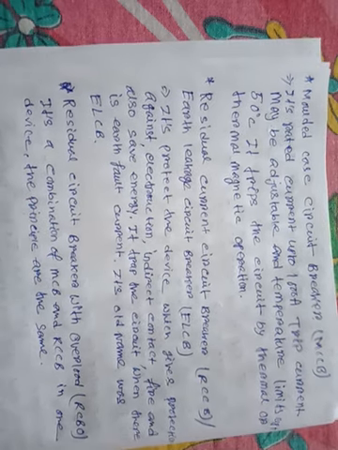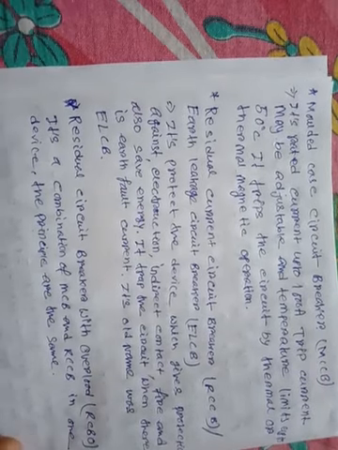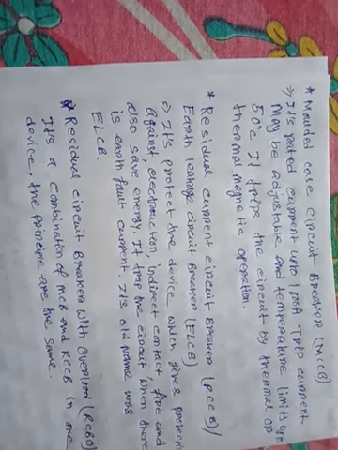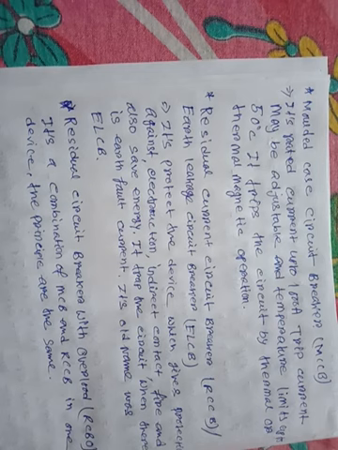Next is the residual current circuit breaker, whose short form is RCCB. Its other name is earth leakage circuit breaker. It is a type of protection device to protect human life. It gives protection against electrocution, indirect contact, and fire, and also saves energy.